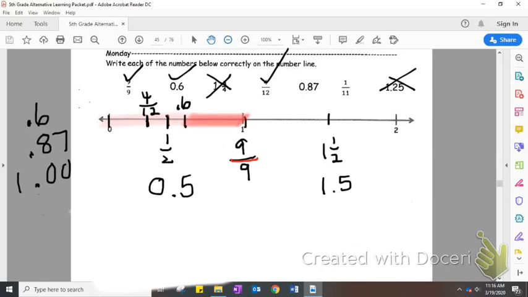We sort of go from left to right here. When we go from left to right, I see that 1 whole is the greatest. 8/10 is greater than 6/10, but it's less than 1 whole. Because 87 hundredths rounds to about 9/10, it's probably closer to 1 whole. We'll put it right here.